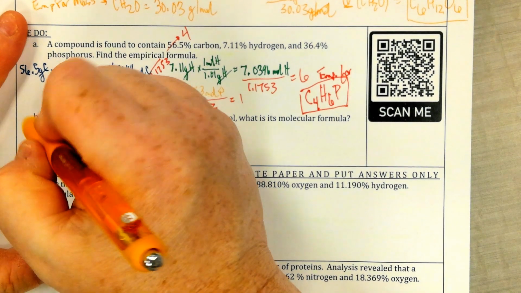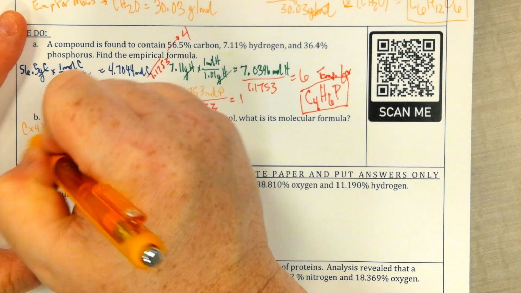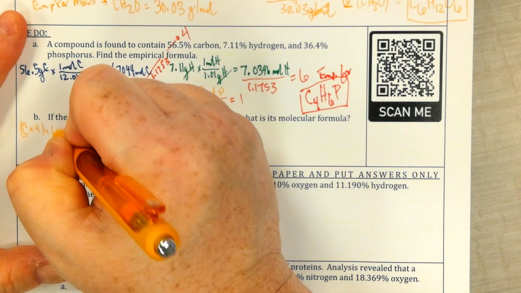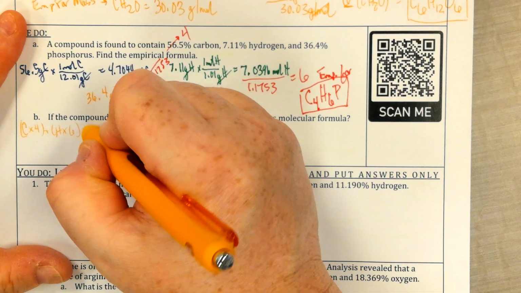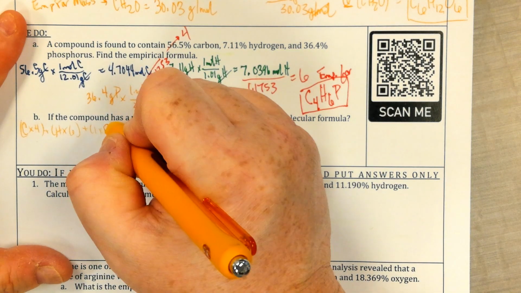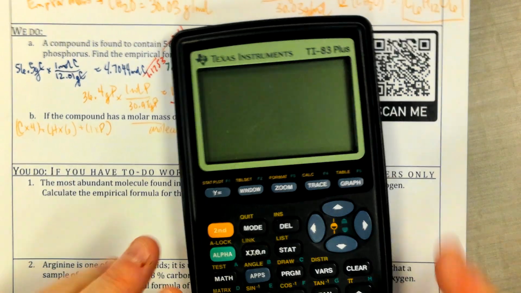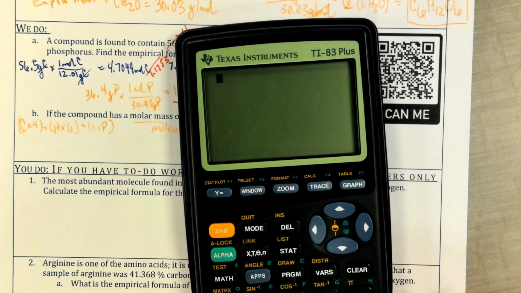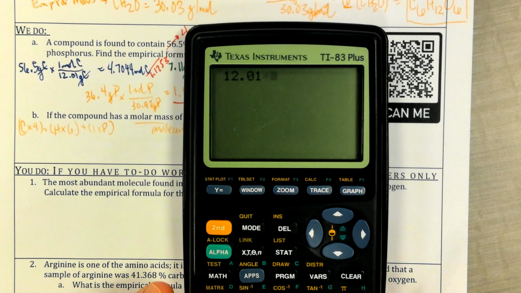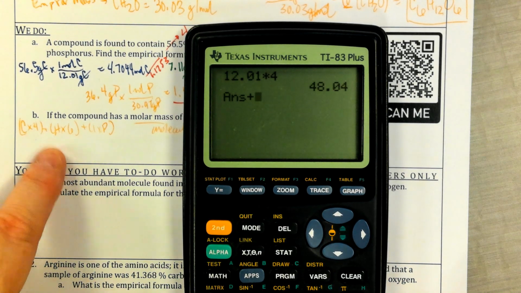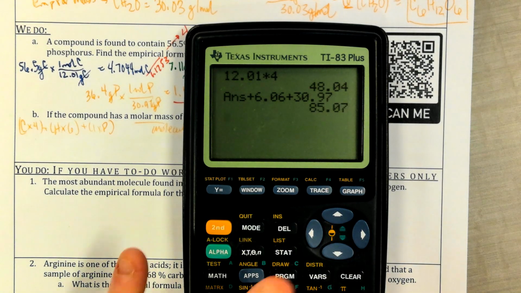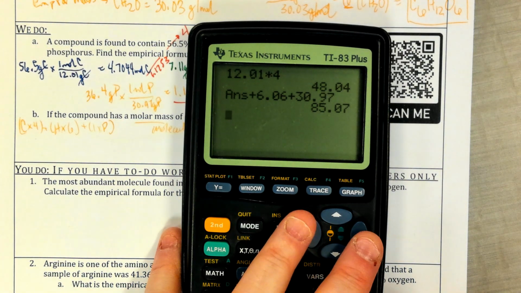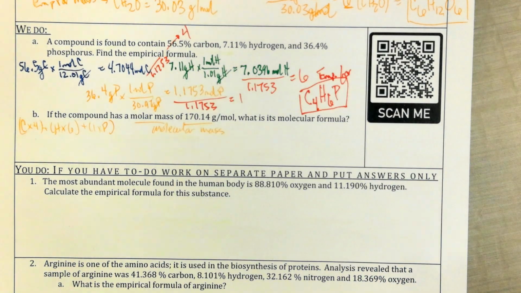It's basically C times 4 plus H times 6, the mass, plus 1 times P. So I'm going to do that on the calculator. 12.01 times 4 plus 6 times the mass of hydrogen, 6.06, plus 1 phosphorus, 30.97. So we have an empirical mass of 85.07.